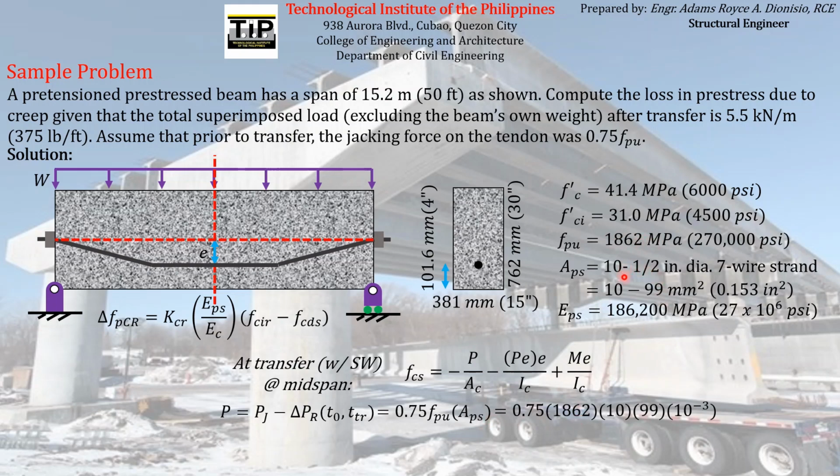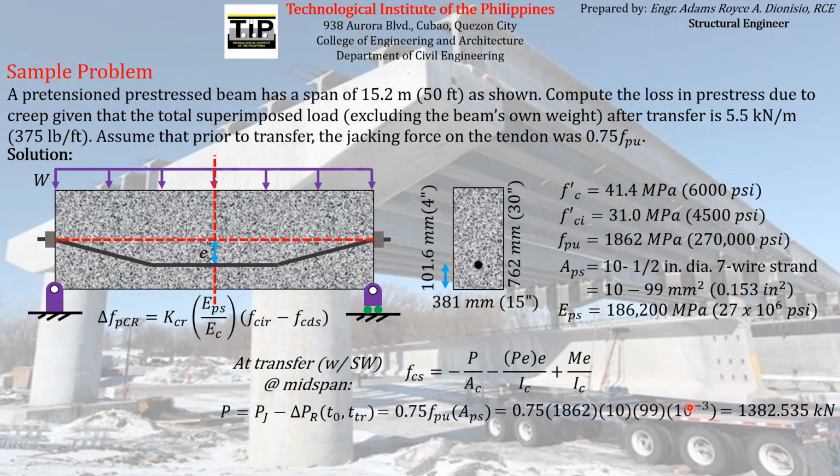APS is 1099 mm squared. So multiply or substitute that here. And then for the value to be in kilonewton, we just have to divide the product by 1000 to make it in terms of kilonewton, since the product of these terms here are in terms of newton.